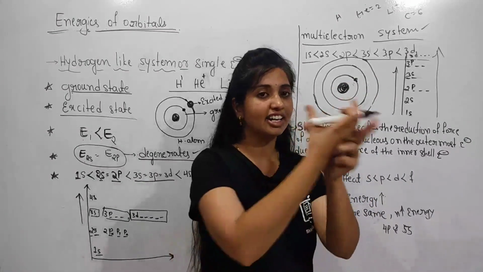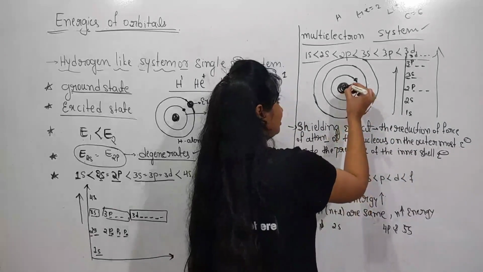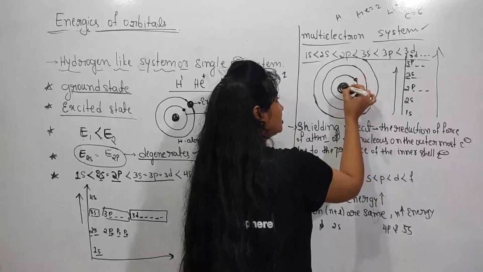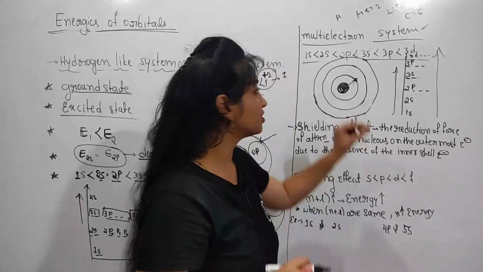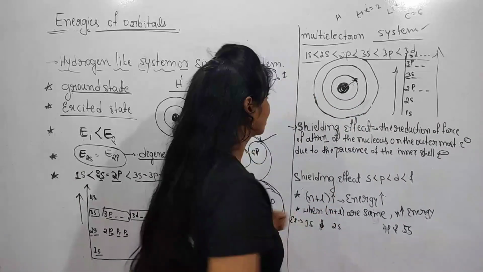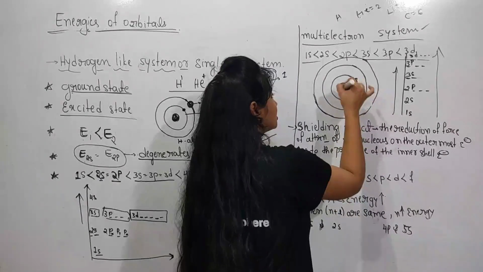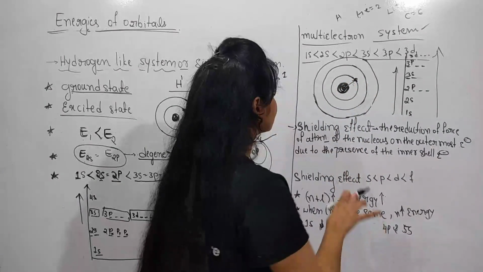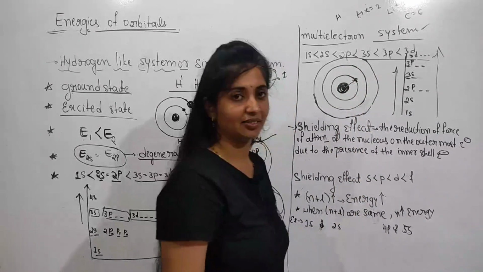The positive and negative charges attract each other. So between the electron and the nucleus there is a force of attraction, called the electrostatic force of attraction. So all the energy of this positive nucleus is on this one electron only.